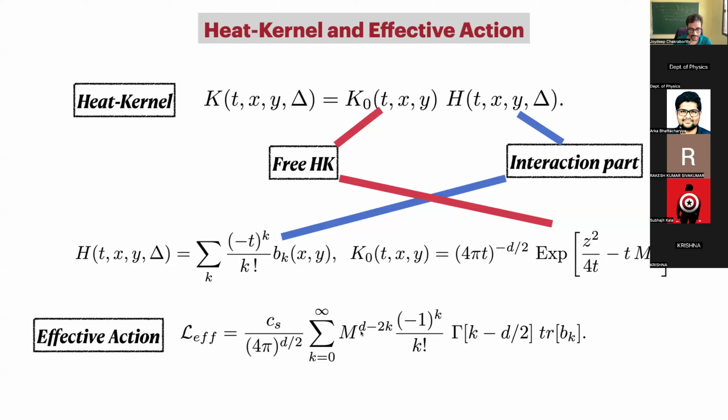In a 4-dimensional theory, D equal to 4, k equal to 3 gives you 1 by m square. K equal to 0, 1, 2 give the correction to the renormalizable part, because when you integrate out, you generate some contribution to the renormalizable part. But that contribution has some kind of divergence associated with the gamma quantity.